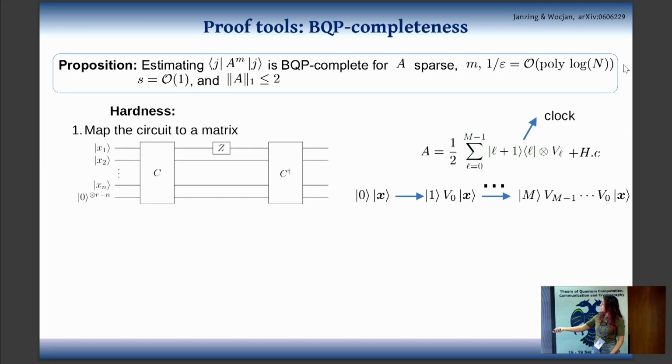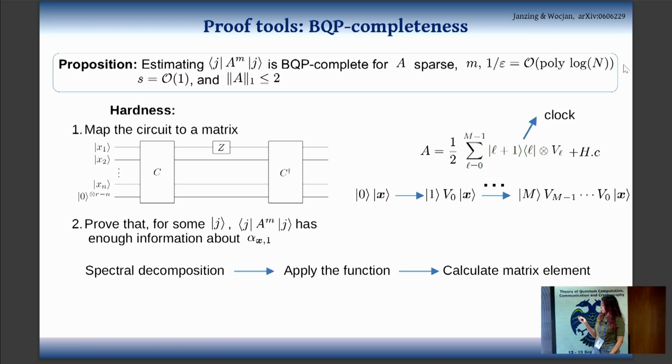This is the input. Then by applying this to 0x, you get that the time register is updated to 1 while you apply the first gate to x, and so on and so forth, until your clock register is in time M, where M is the total number of gates, and you have applied all the gates to the bit string.